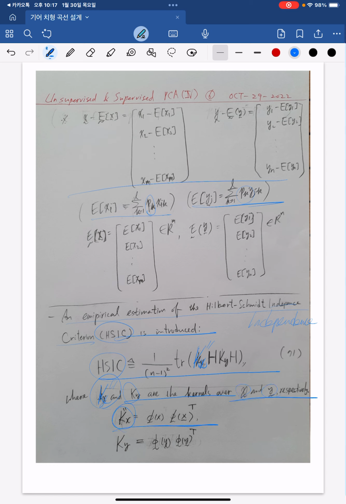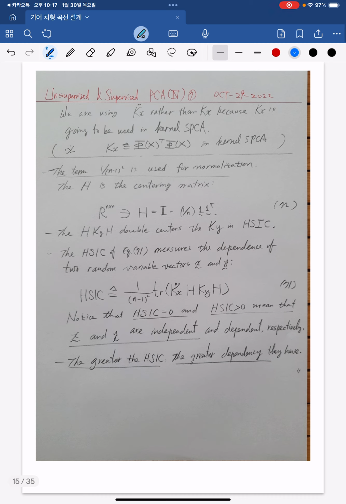KX2 prime is phi X phi X transpose and KY is phi Y phi Y transpose. We are using KX2 rather than KX because KX is going to be used in kernel SPCA.